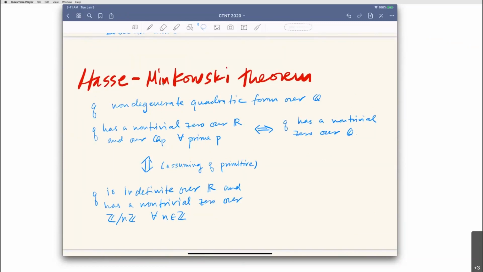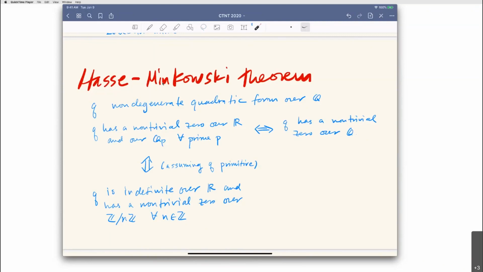It says that if you have a non-degenerate quadratic form Q over, say, the rational numbers, then, by quadratic form I just mean a homogeneous polynomial of degree 2, and non-degenerate means that the associated symmetric matrix you can form is non-singular.